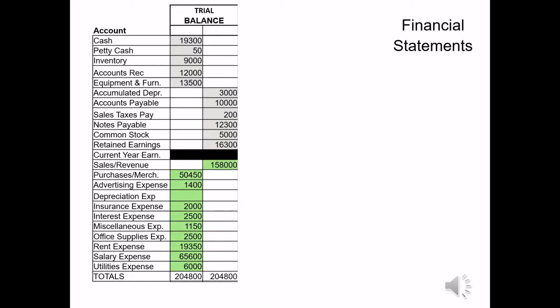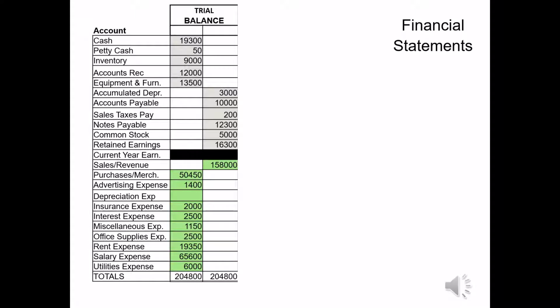I'm briefly going to review for you the way that we as accountants compile financial statements. Our financial information is initially organized into a trial balance. You'll have a lot of practice developing trial balances throughout this semester.